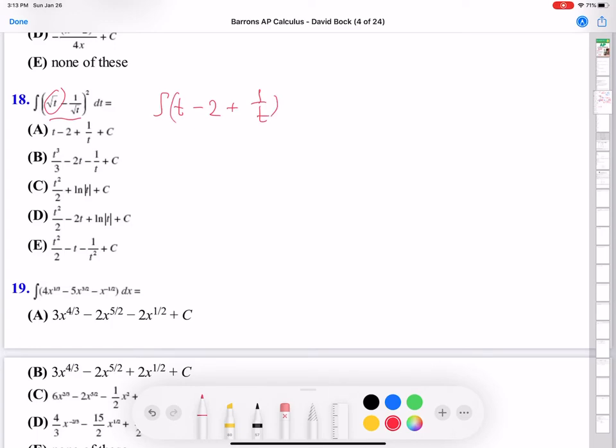Then find the integral dt of each term: 1/2 t squared minus 2t plus ln absolute value of t. Easy. Okay, so what is the answer? 1/2 t squared minus 2t. Yes, D is the answer.